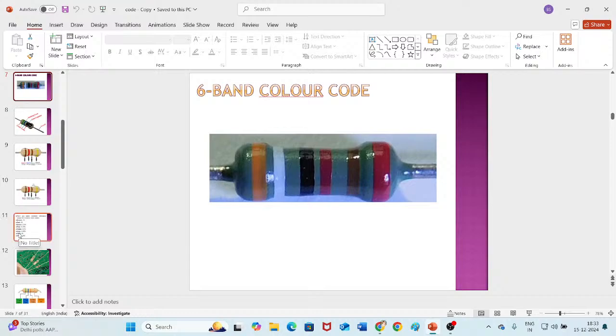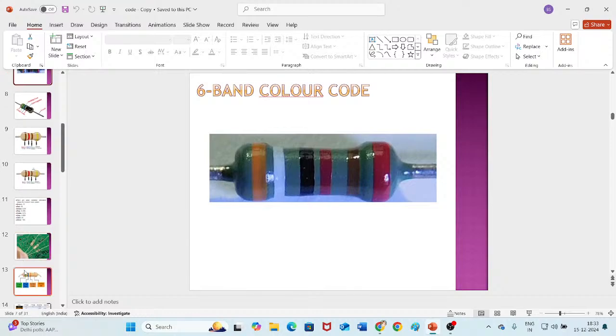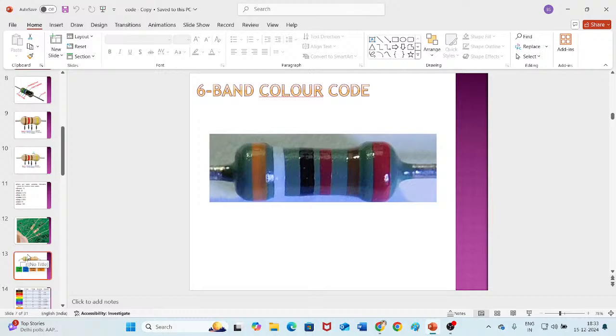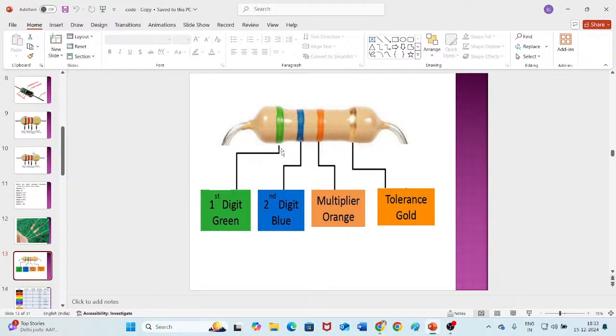Let us see how to calculate the resistance value for a 4 band color coded resistor. You can see there are 4 bands on this resistor.